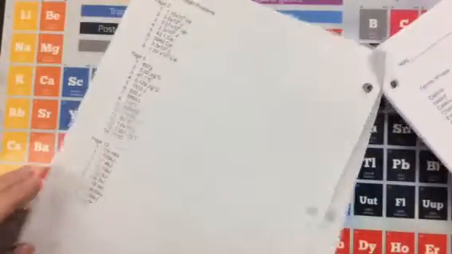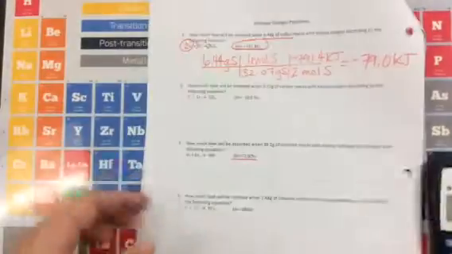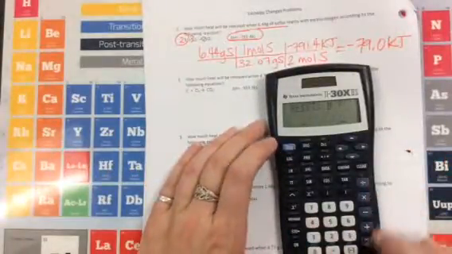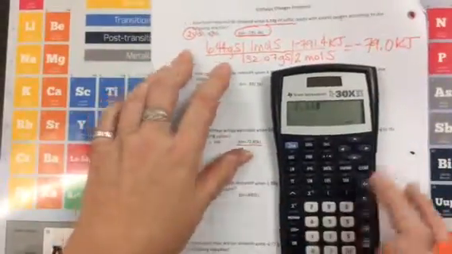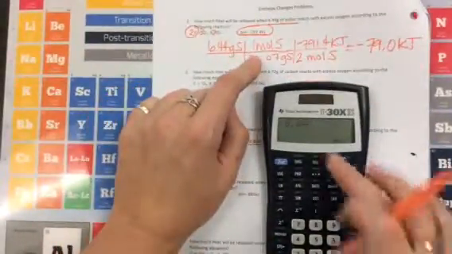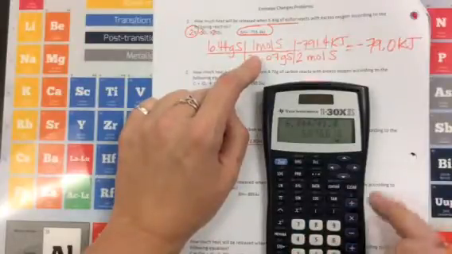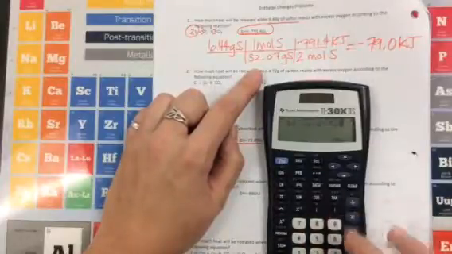So if we go to the back, we can check our answer real quick. When we go to the back and check our answer, it's negative 79.5. I didn't do something right somewhere. Let's make sure that the calculator is set correctly. 6.44 times 971.4 divided by 32.07 times 2.